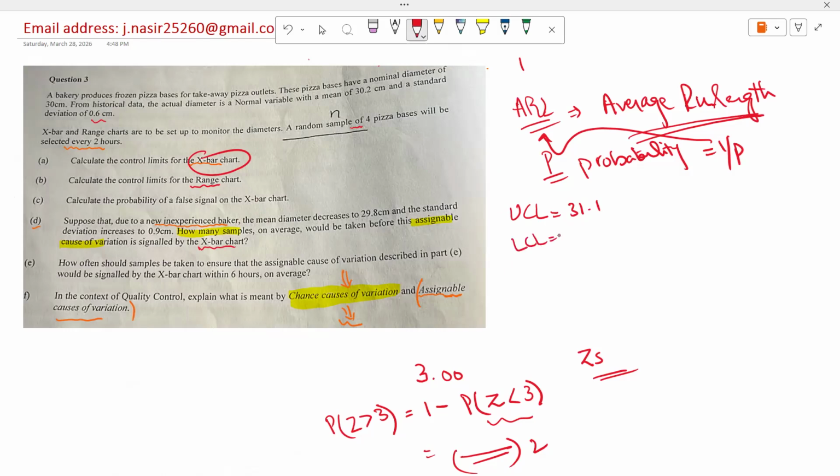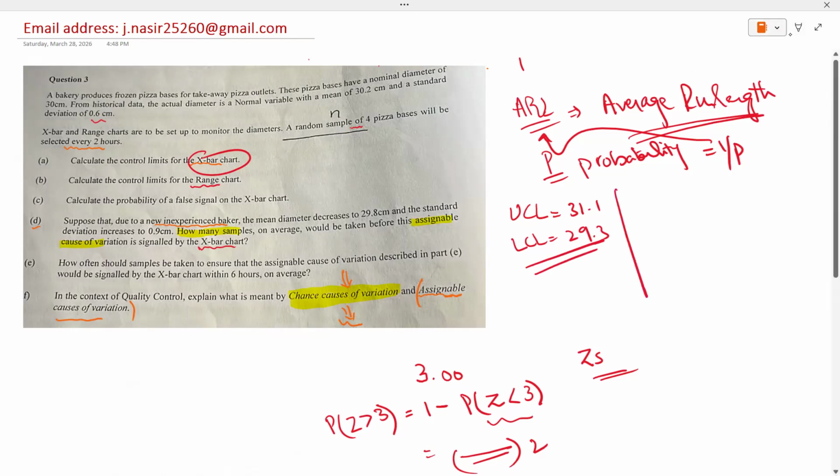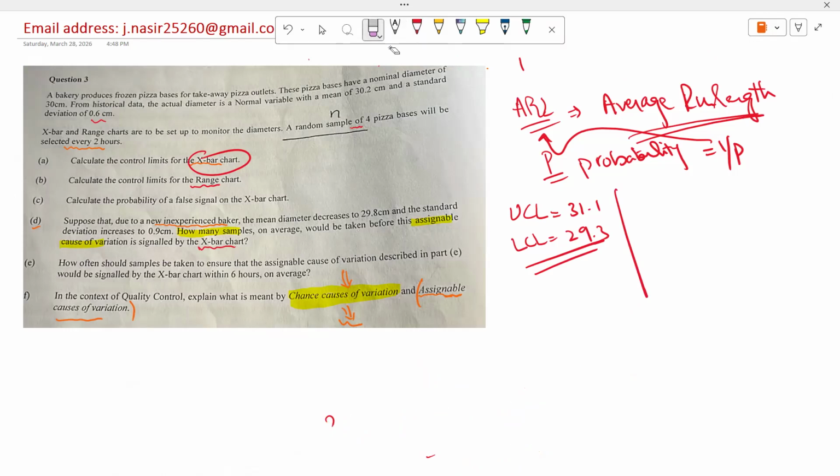Now I'll have to find the z-score, and corresponding to the z-scores, I'll find the probabilities and add them. By adding the probabilities, I'll get the probability of a sample getting signaled out after the assignable cause of variation. And once I have that probability, I can take the reciprocal to get the number of samples it would take before it signals out this assignable cause of variation. So this is like a whole chain or process.